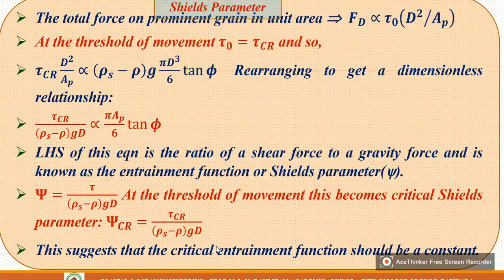So at that condition tau critical into d squared by AP is the force in the horizontal direction when the particle is at the edge of movement. So that must be equal to the resistance force.